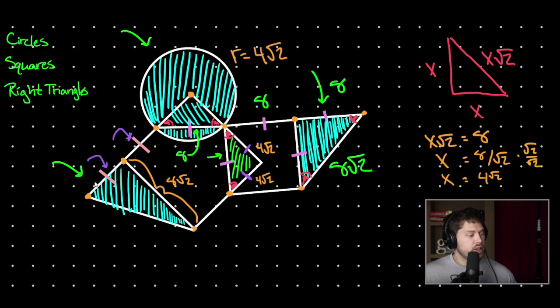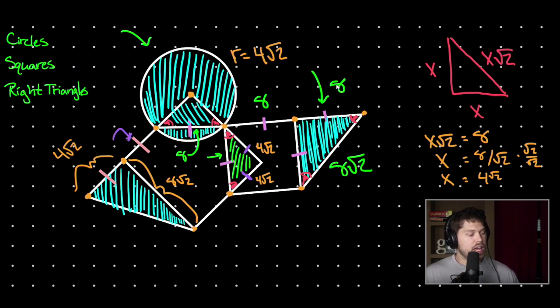So this smaller segment is the 4 square roots of 2, as it's congruent to my radius. Now I have all the little leg segments needed in order to find the area of the pieces of my composite shape.